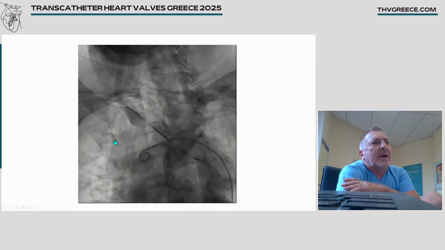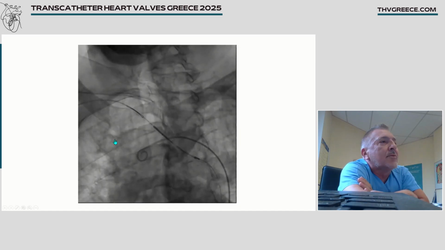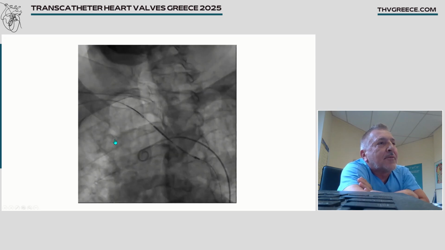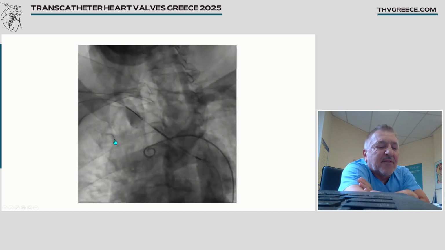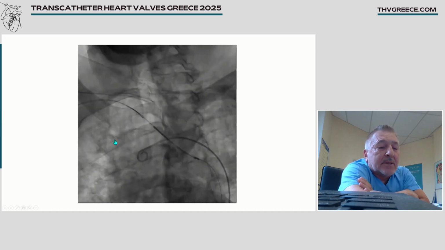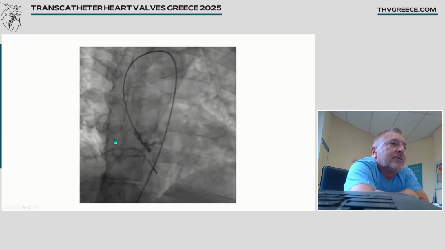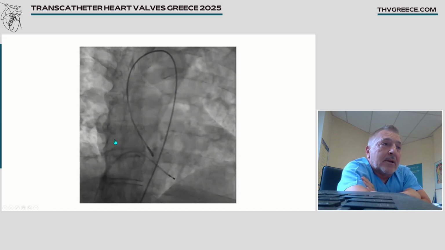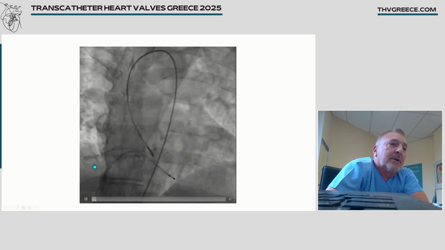Initially we thought to place a Sentinel in order to protect him from strokes, but it was really difficult. So we decided to avoid manipulations in this area, and we abandoned this. You can see the aortogram. He also has a good regurgitation.